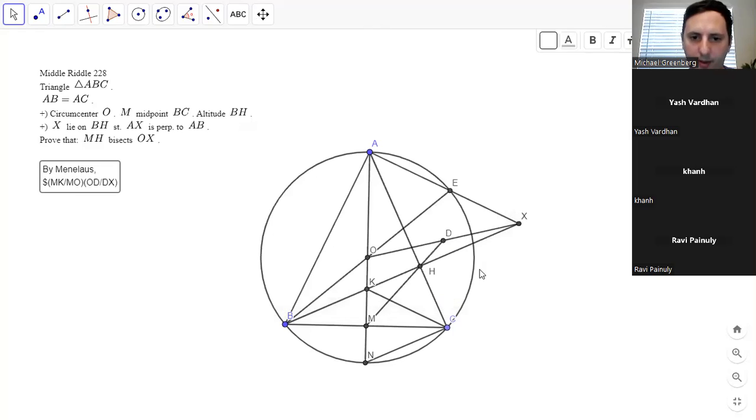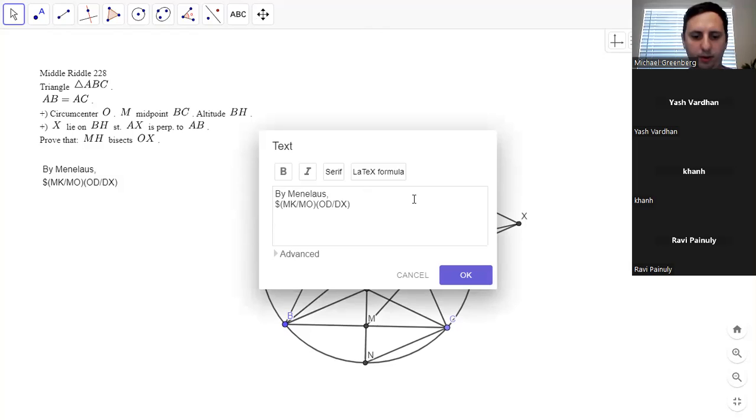And I think it's actually MK over MO times XH over HK equals 1.